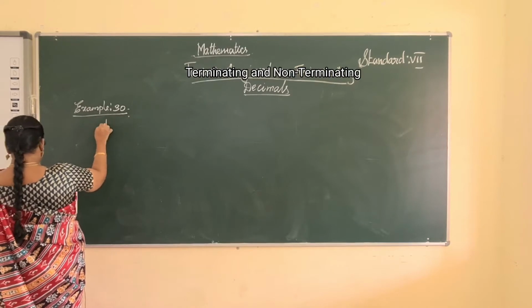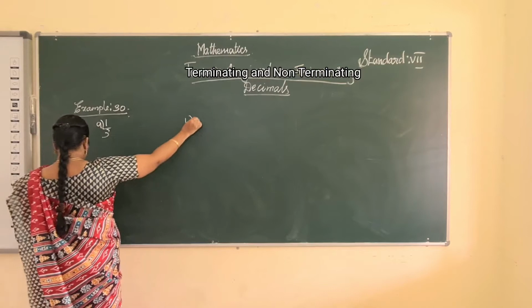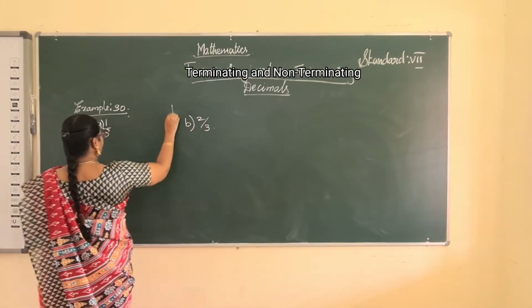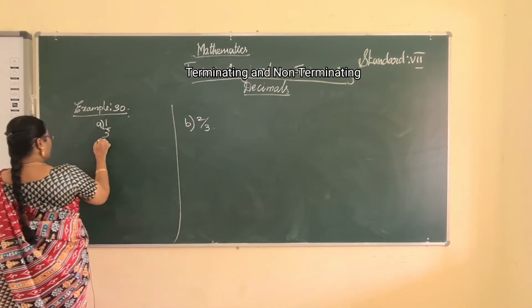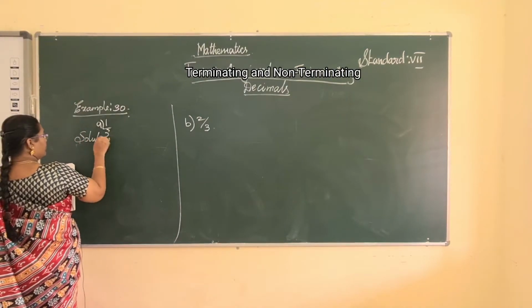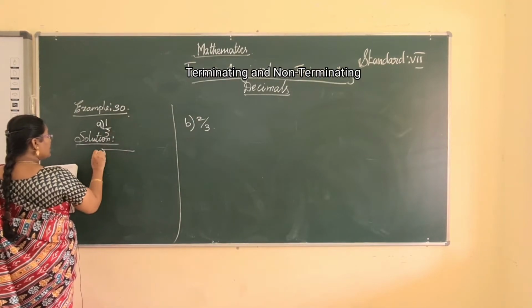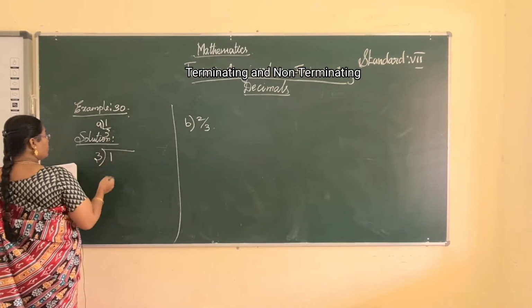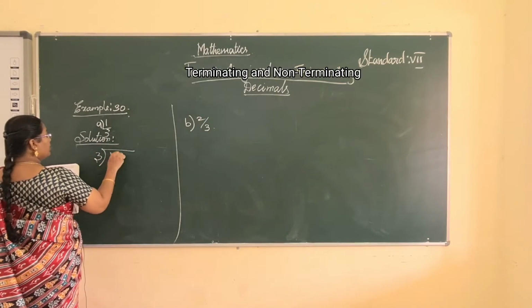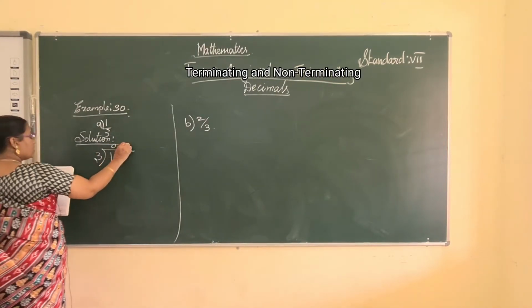First problem, A is 1/3 and B is 2/3. Long division method. The divisor is 3, the dividend is 1, which is not possible. Add 0, put the decimal point in the quotient, so it's 3 times.